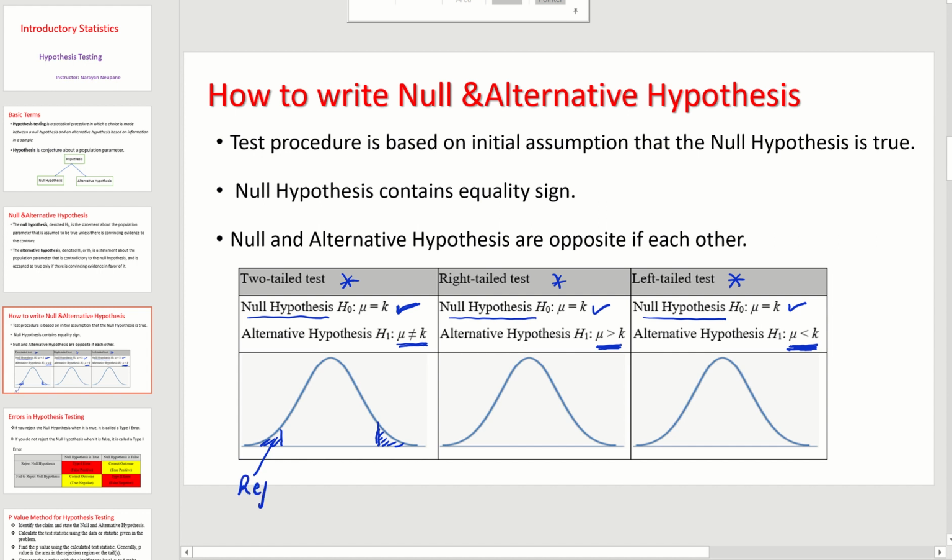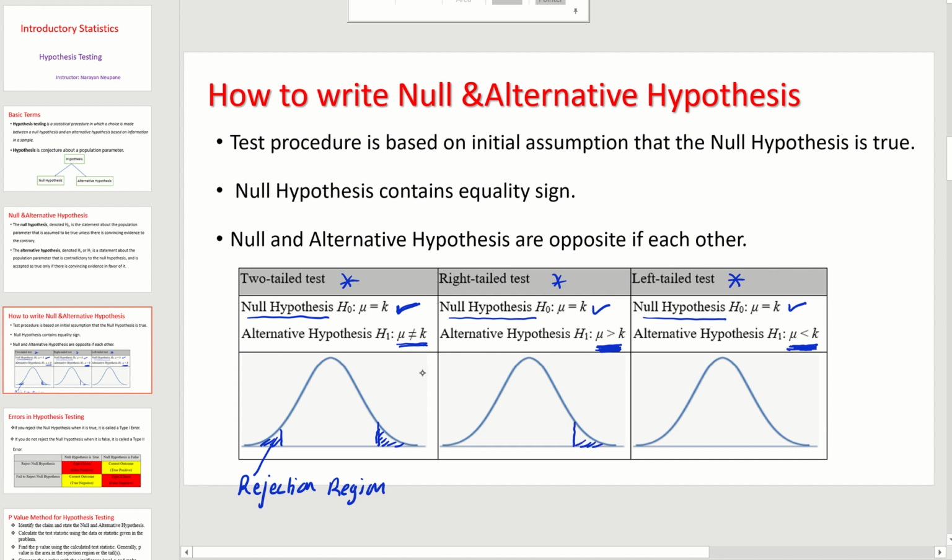Let me write here, rejection region. Okay, this region is the rejection region. Now here in the second case, you have mean greater than k. So when you have greater than, this is the right tail test. Meaning your tail is right here.